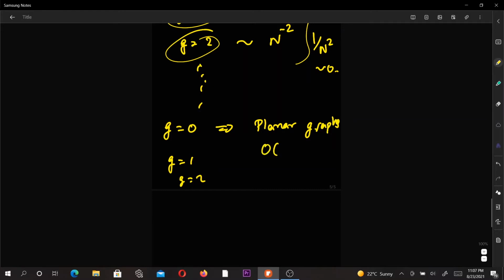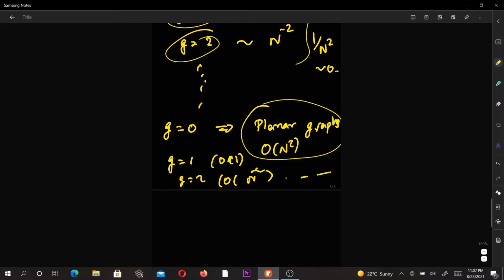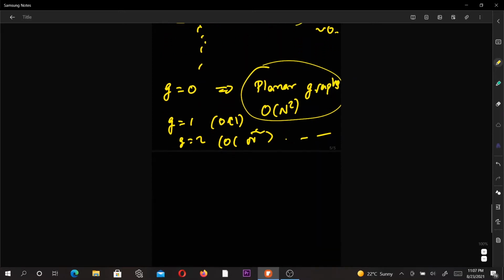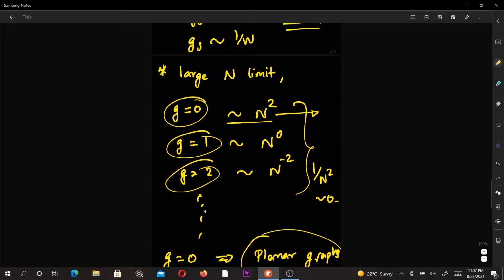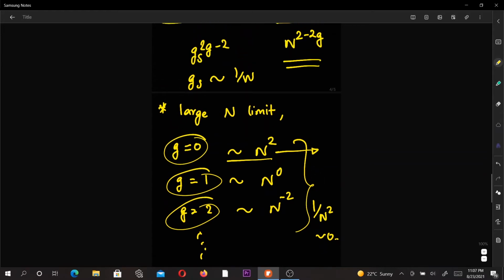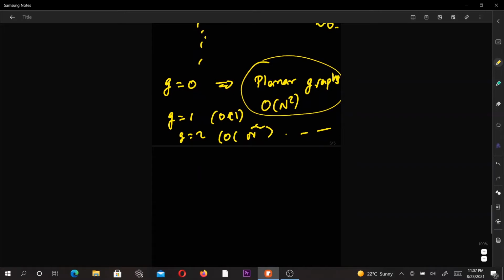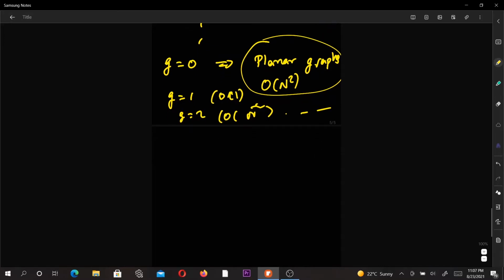Genus 0 goes as order N squared, genus 1 goes as order 1, and genus 2 goes as order 1 over N squared, or N to the minus 2, and so on. So the leading contribution comes from the planar graphs. This is a limit that is often studied when we take the 1 over N expansion of matrix models, and in most scenarios we usually do the 1 over N expansion instead of the coupling constant, or genus, expansion.